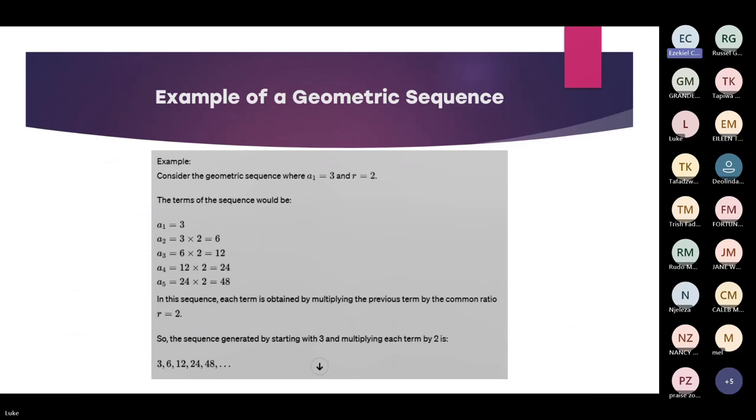Remember, the formula is An is equal to A times R to the power n minus 1. And you are given A1 is 3 and R is 2. And the n you have it because you want to find the second term of your sequence.